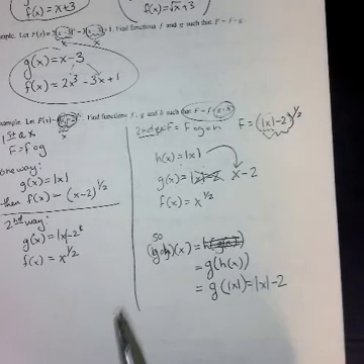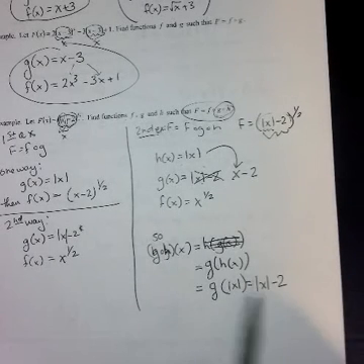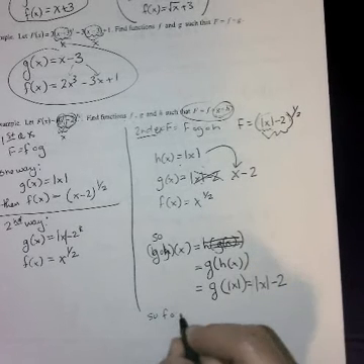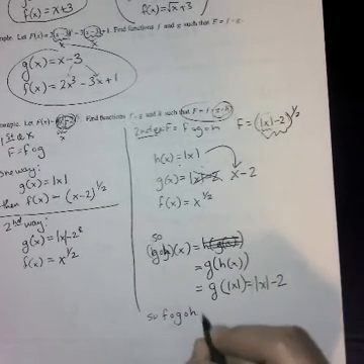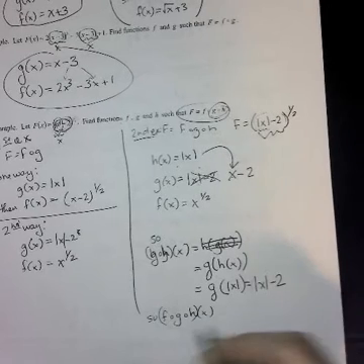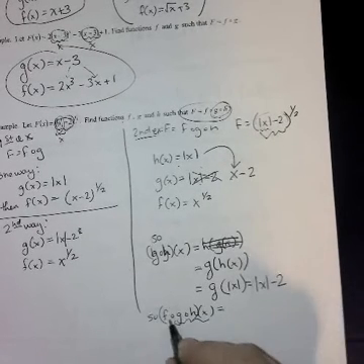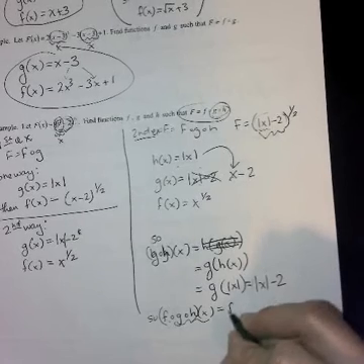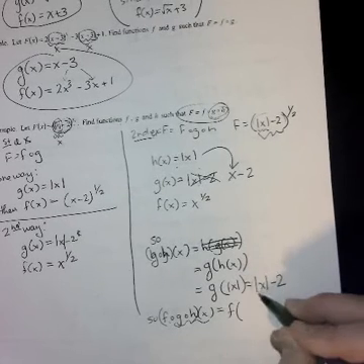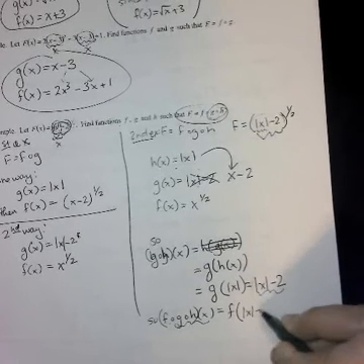And now this result is going to go into f. So f composed with g composed with h at x. We're basically putting this result into f. So it's going to be f at, I'm running out of room, so I'm just going to put the function in. Absolute value of x minus 2.